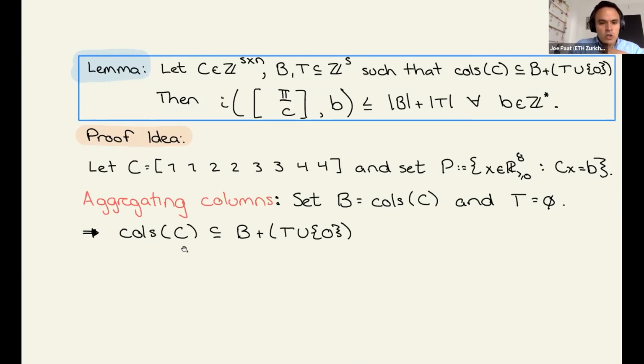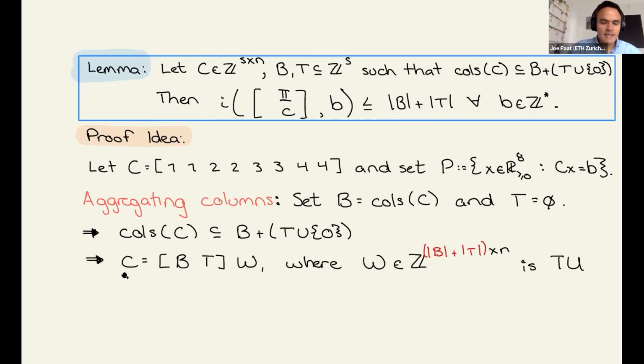And this inclusion can actually be written in matrix form. We can take C, now with possibly repeated columns, and if we take the columns of B and T and put them in a matrix, we can write C as this matrix times a TU matrix, and this is the TU matrix that we just saw. The number of constraints of this TU matrix is at least B plus T. So we can see where this B plus T is coming in the result.